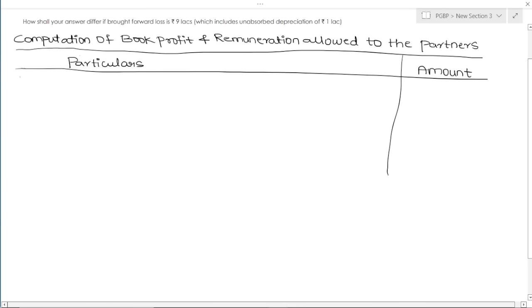So let's write down. Now net profit, add items debited to P&L account but disallowed, less items not debited to P&L account but allowed, all that is already done in that problem. So we will not take that. Okay, we will directly take in the particulars column. Write down book profit before adjusting unabsorbed depreciation.